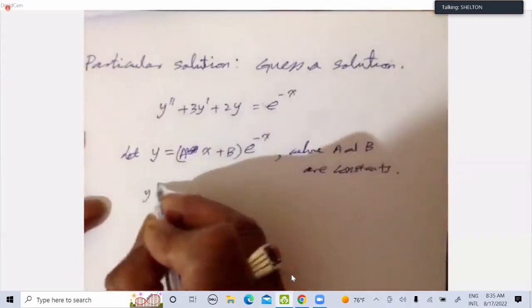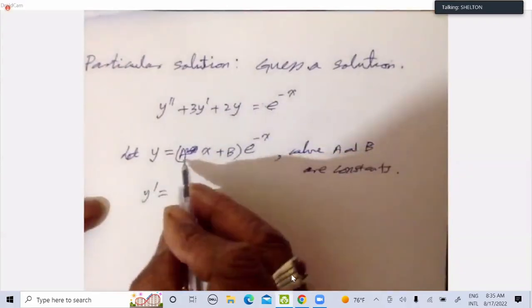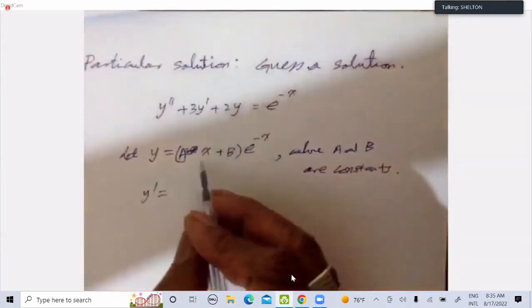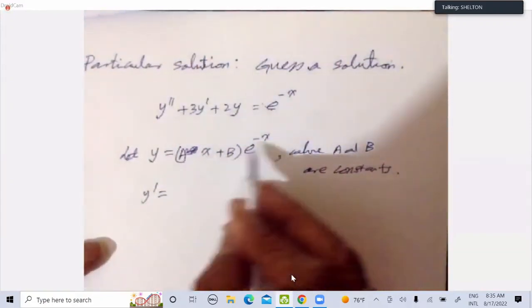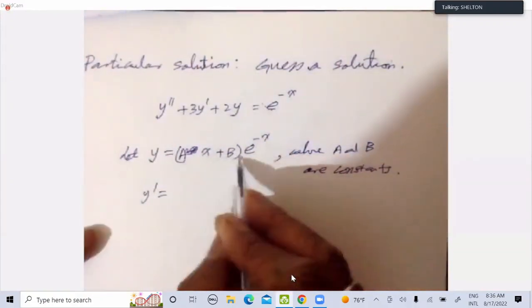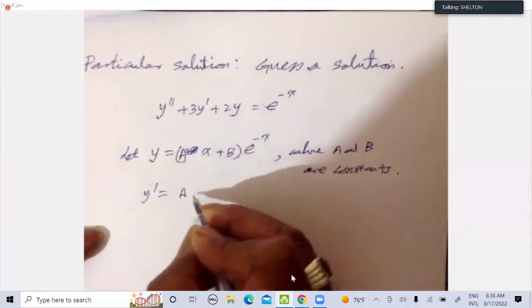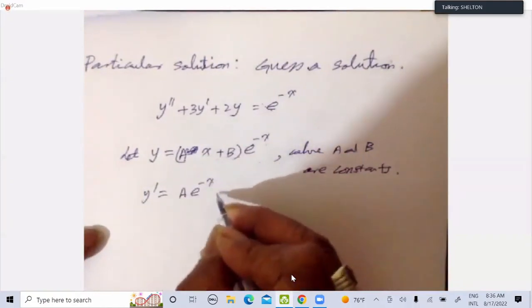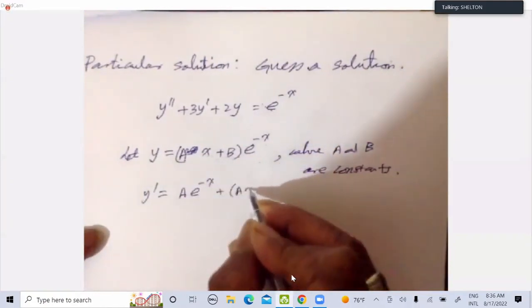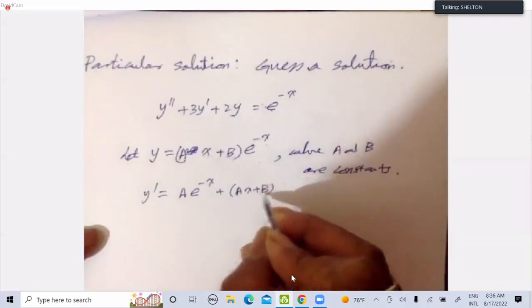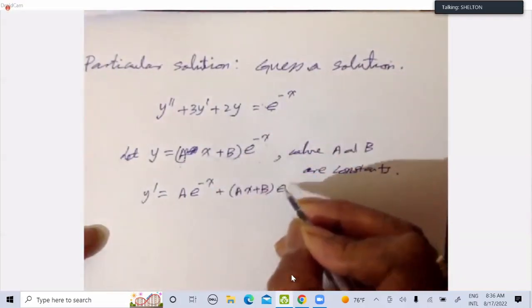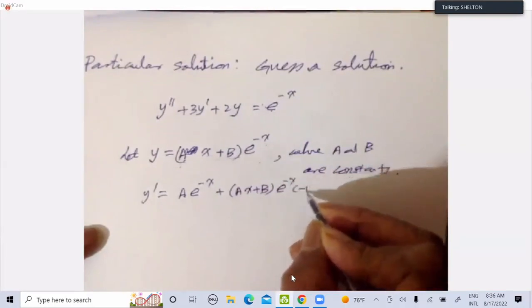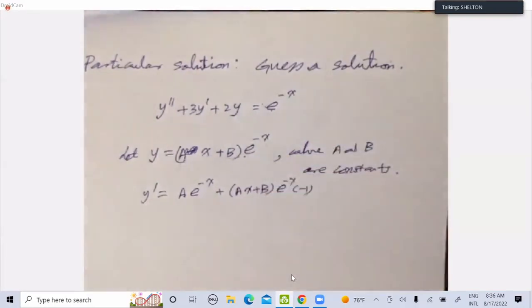Substitute. Y dash is equal to, we have to use the product rule. Derivative of this is a e to the minus x plus (ax plus b) e to the minus x times minus 1, derivative of this.